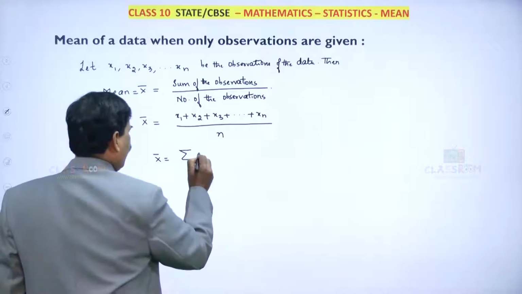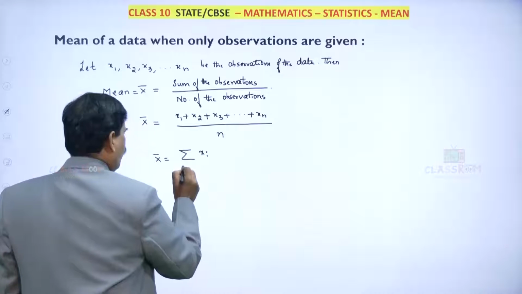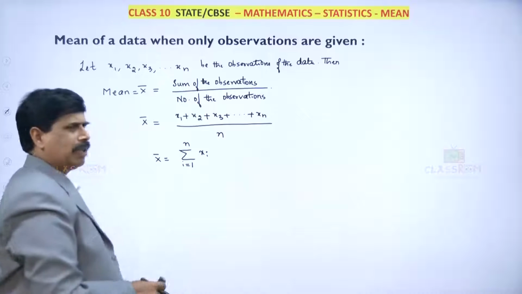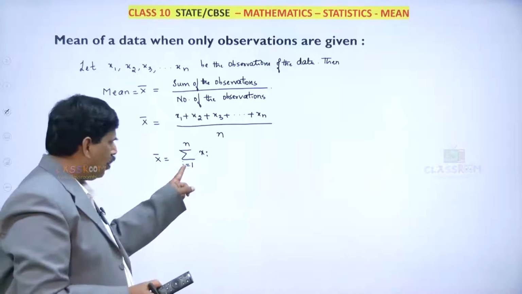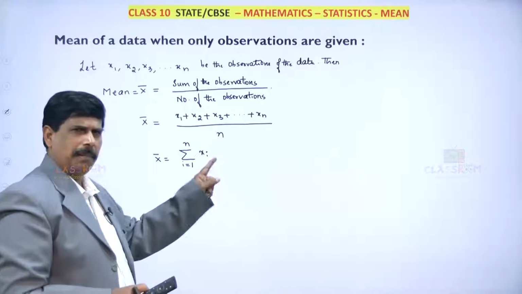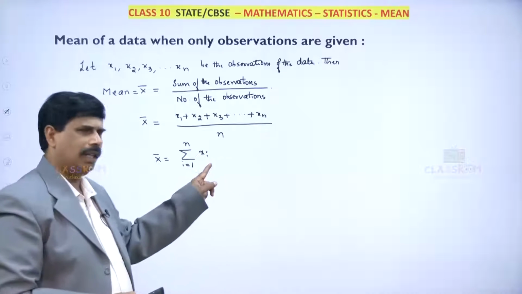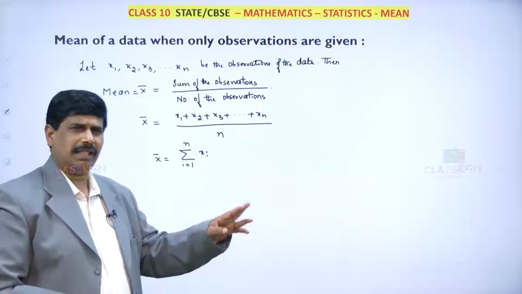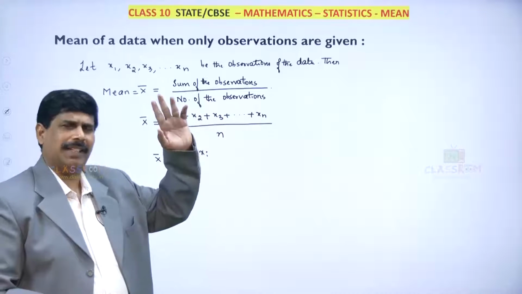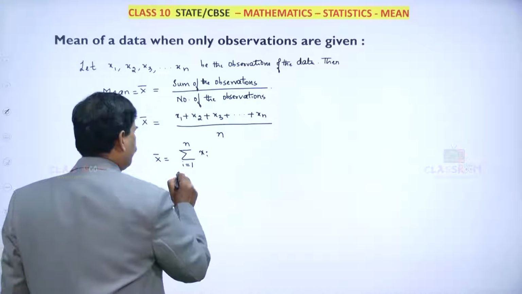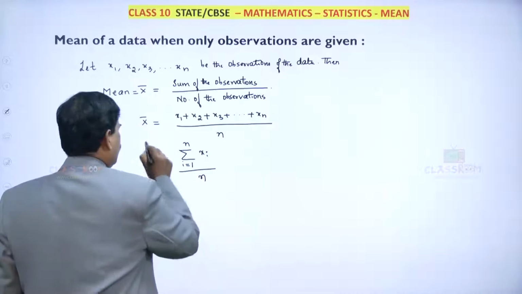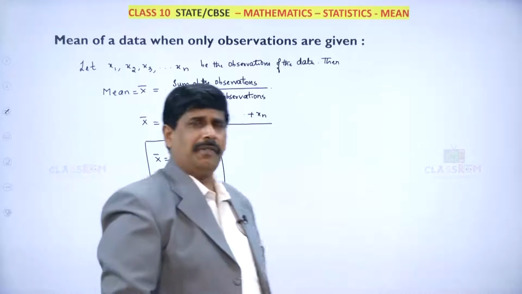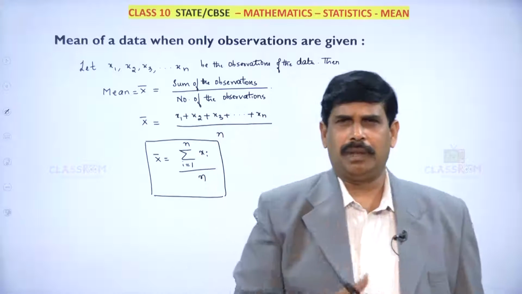So sigma xi, where i takes the values from 1 to n. This is the least value and that is the maximum value. Let's start with the least value: replace i with 1, x1 plus x2 plus so on till xn, by n. Is it clear, children? So this is what we say the mean of a data when only values are given.